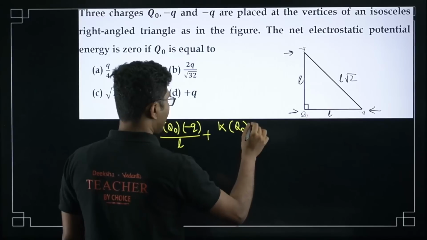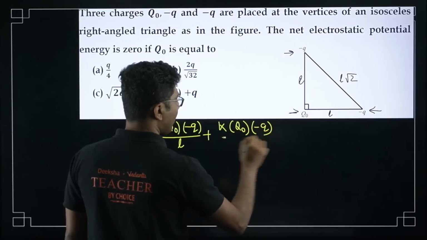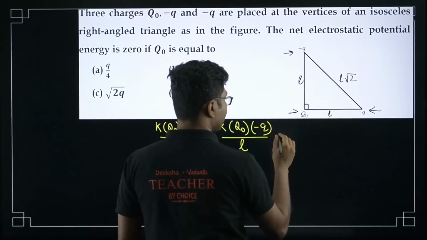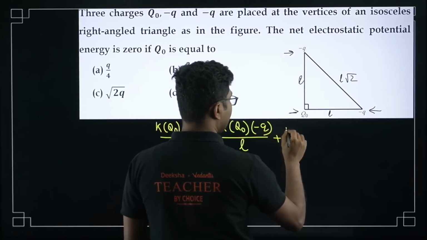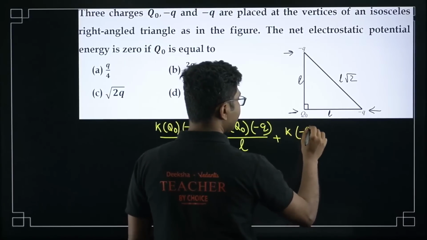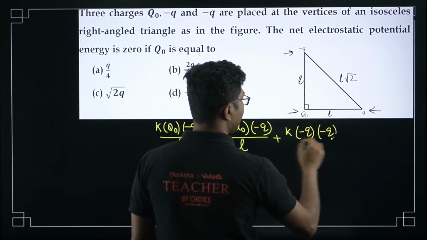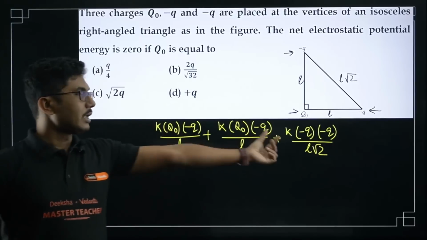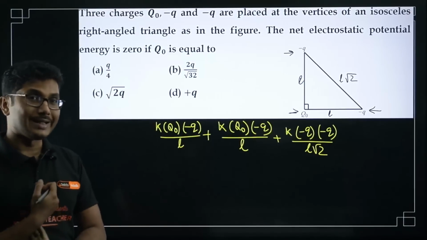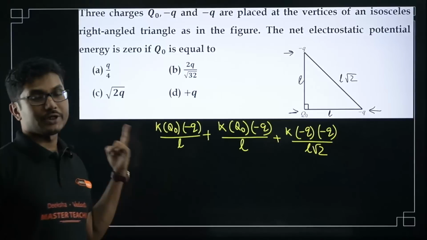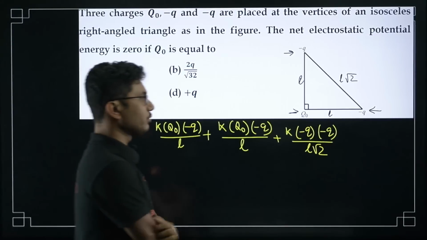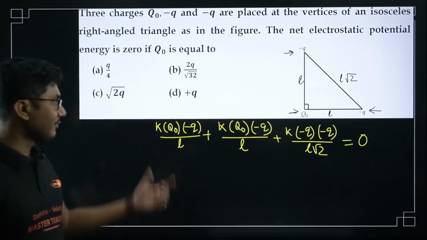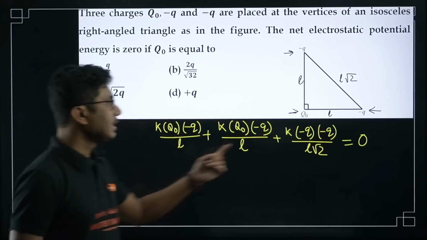Q0 into minus Q by L, and lastly these two, so that is plus K into minus Q into minus Q by L root 2. Remember, there is no square here. Square is for electric field and electric potential, only one of them. No square.